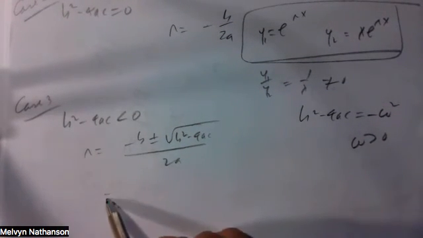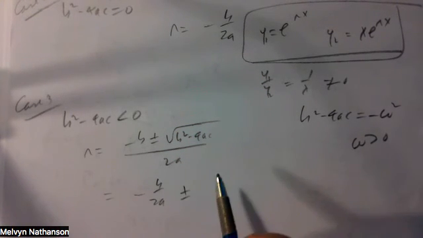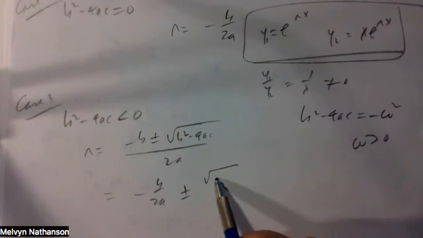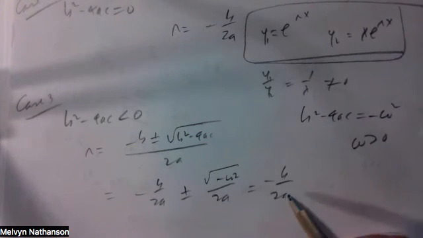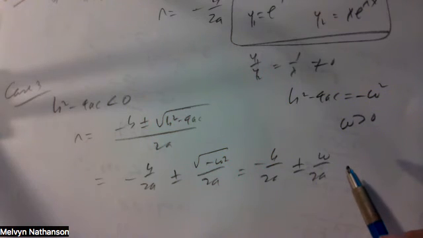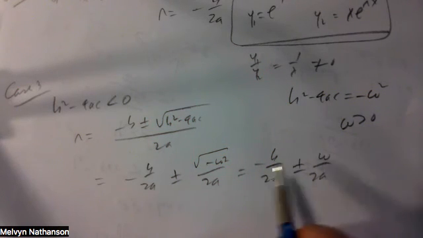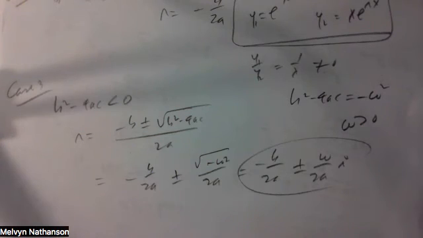So I have r is equal to minus b over 2a plus or minus the square root of minus omega squared over 2a, which is minus b over 2a plus or minus omega over 2a i. It's this complex number.